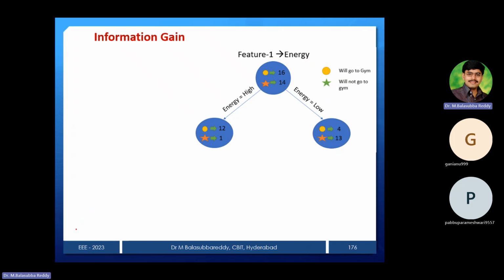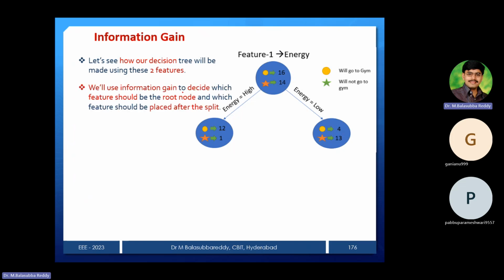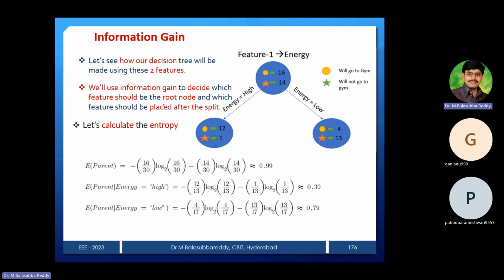Now we have to calculate the information gain. First, we have to calculate the entropy. You can observe there are two features, as I mentioned, and I already described the theory part. The first one I consider is energy. Now I have to calculate the entropy of the energy root node, the parent node. In that, there is a positive and a negative probability.